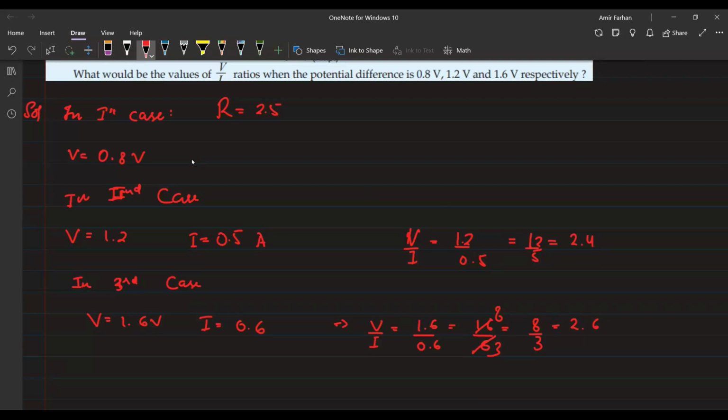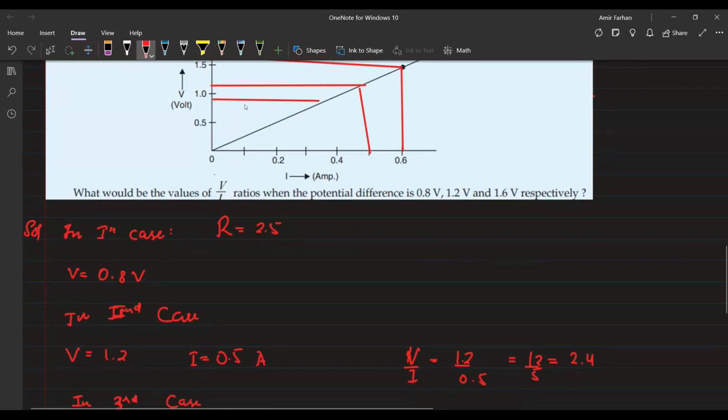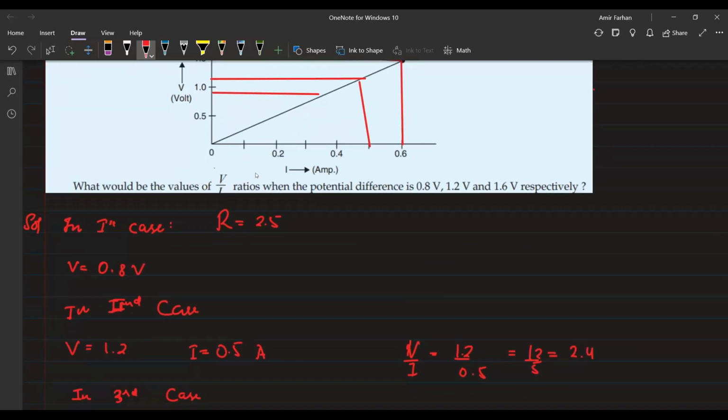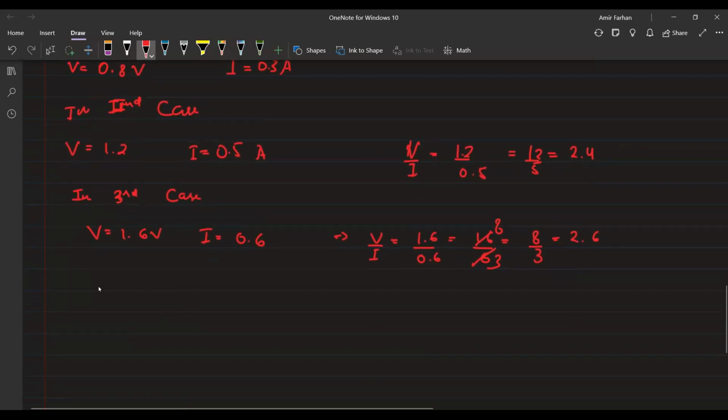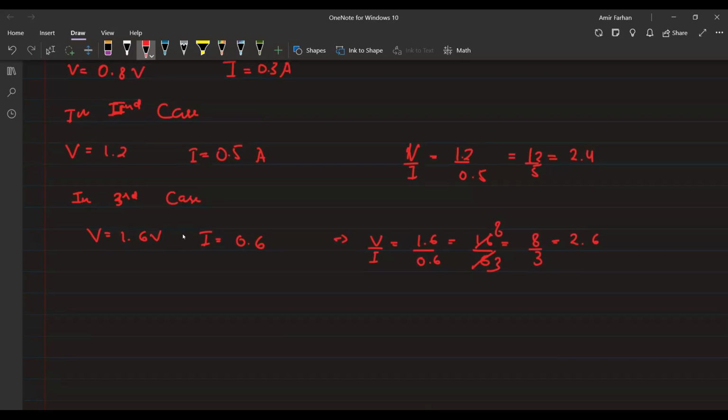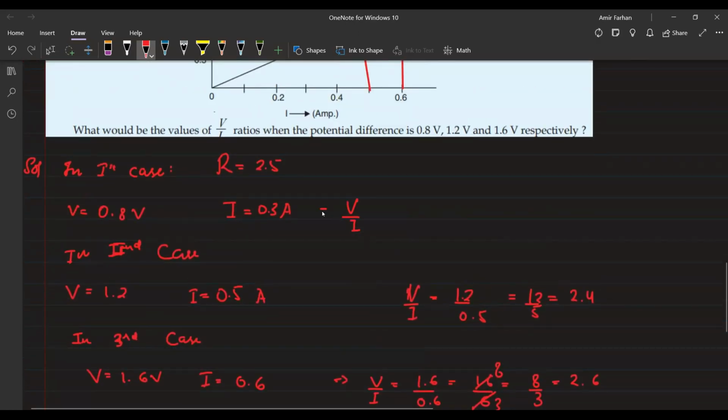Clear? And your V here is 0.8, what is the value of I? I is 0.3 ampere. So V by I is equal to 0.8 divided by 0.3, which is 8 by 3, which comes out to be 2.6.